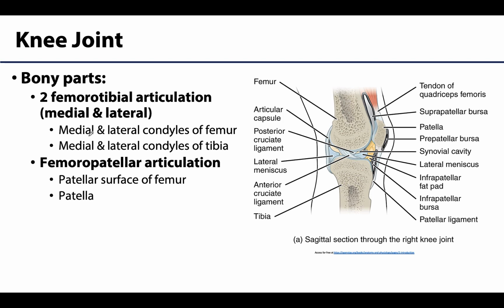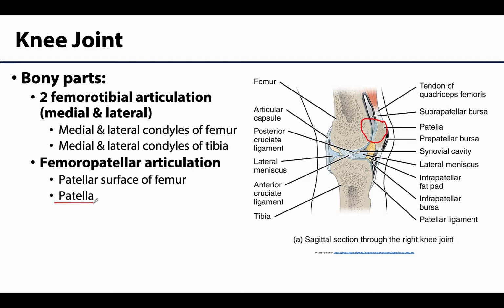So basically where the medial condyle of the femur articulates with the medial condyle of the tibia, and the same thing on the lateral side. And you'll also have a femoropatellar articulation, where the patellar surface of the femur is articulating with the largest sesamoid bone of the body, the patella.